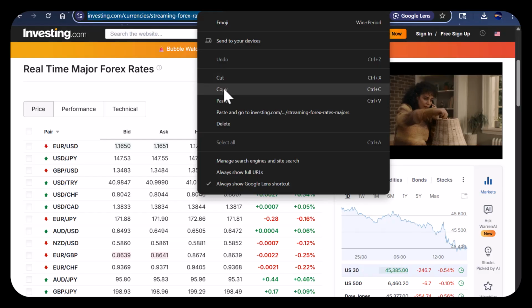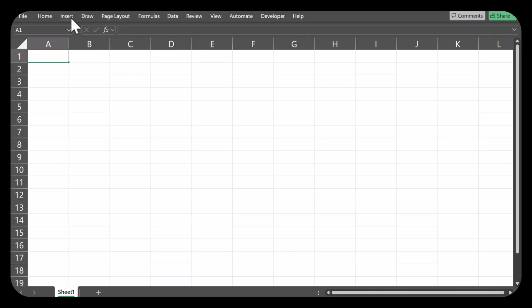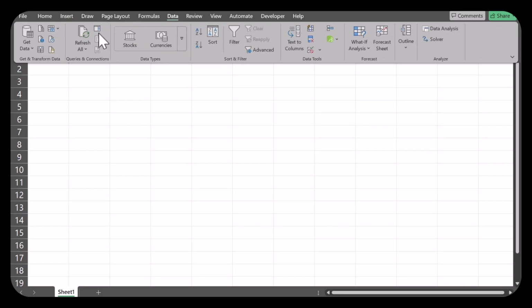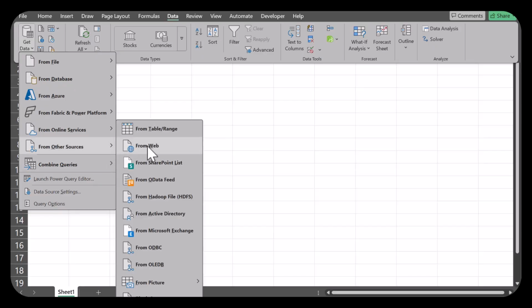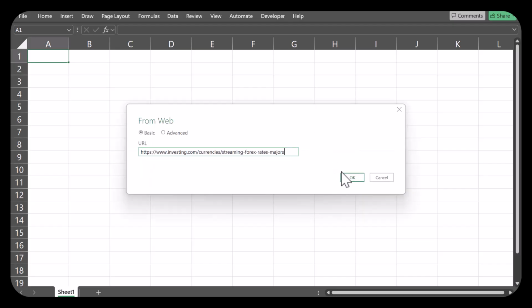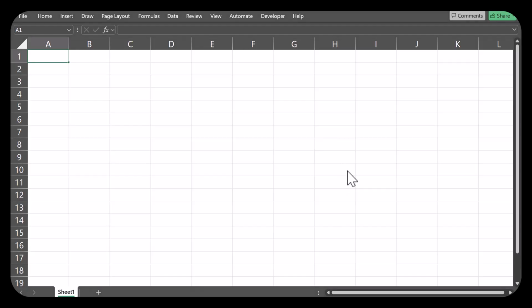Let me copy, insert, not insert, data, get data from other sources, from web. Not all the exchange rates are here, but most of them are. Most major ones are.